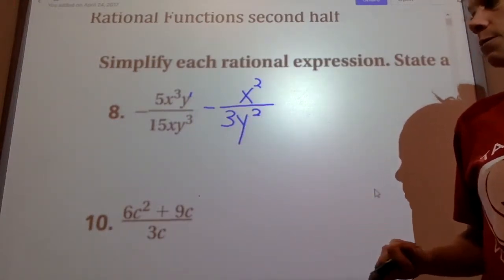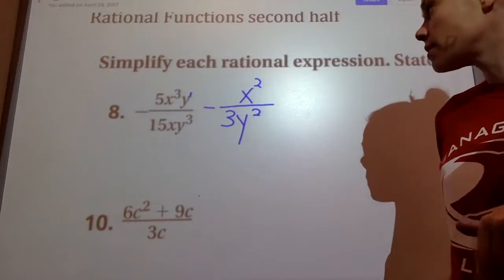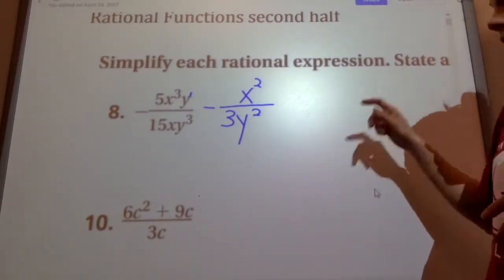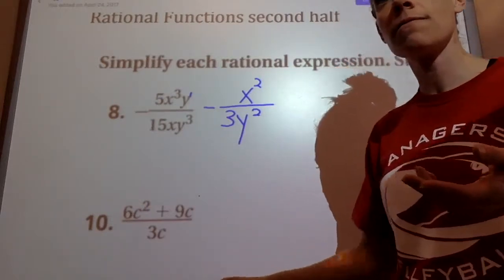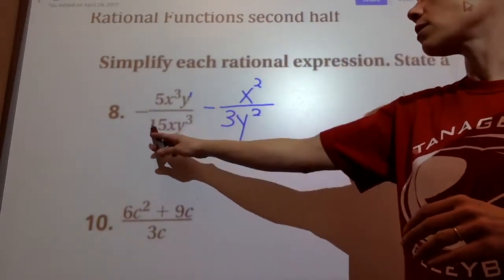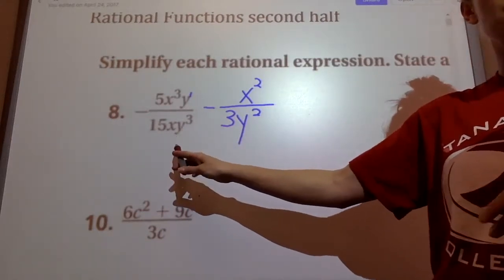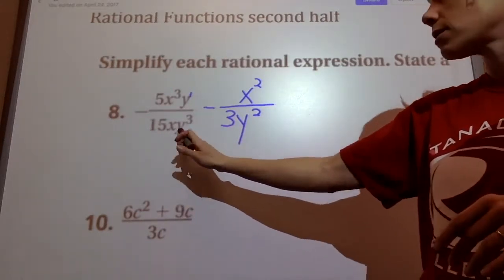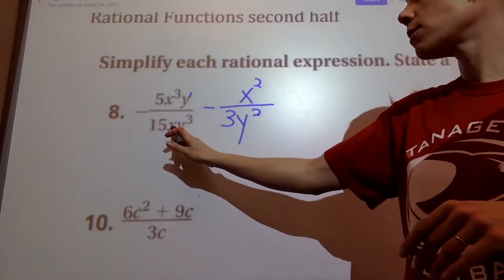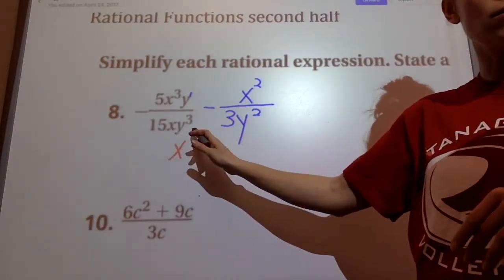Once you have it simplified, you need to define your domain. That's what it says over here. State what x cannot be. So when you're doing that, you go back to your original equation here. What would make the bottom 0 if x was what? If x was 0, my denominator would be 0, right?